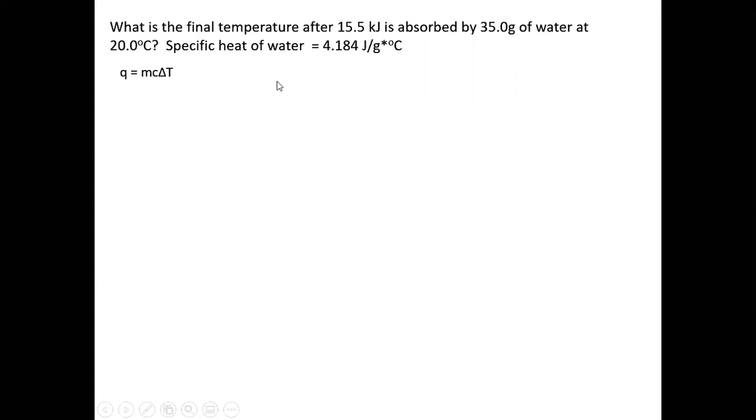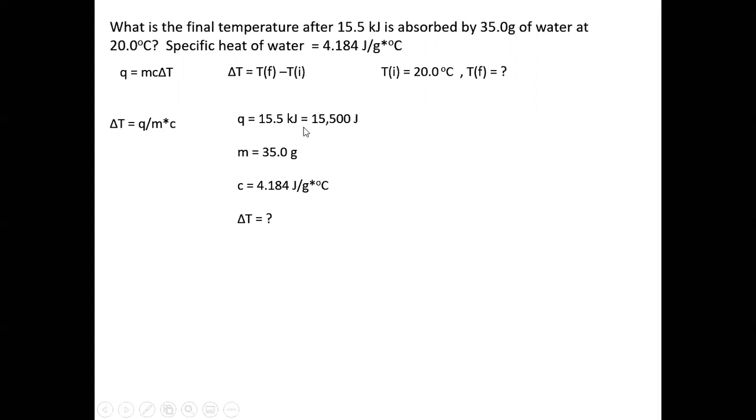To calculate, the equation we're going to need is Q equals mc delta T, because we have some mass of water, and it absorbs some amount of energy at an initial temperature. To determine the final temperature, we know that delta T equals T final minus T initial. We know T initial, but we don't know T final. So what we're going to have to do is solve for delta T so that we can solve for the final temperature.